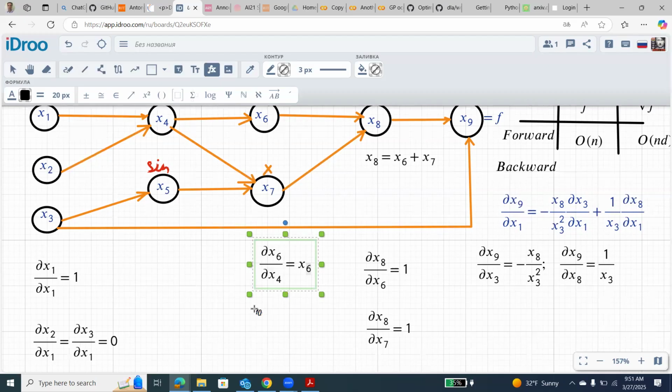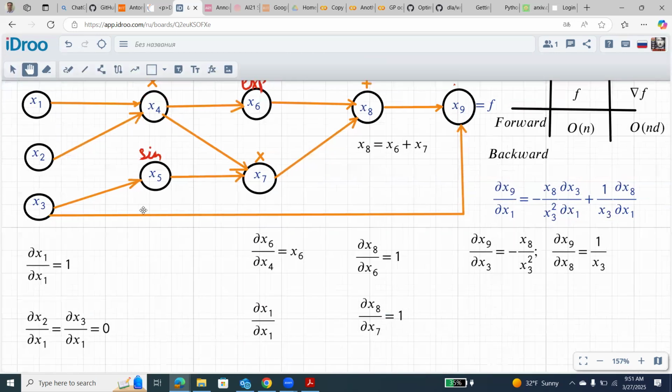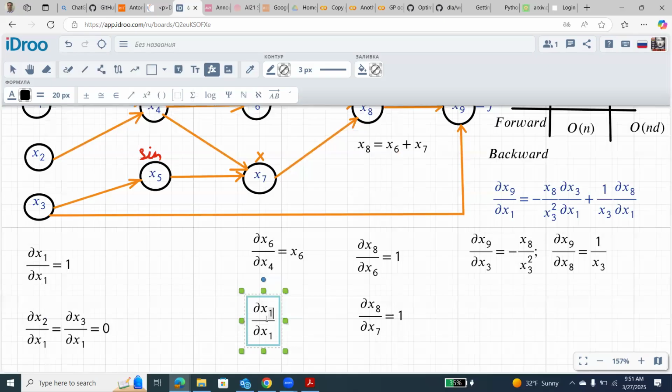X7 has two inputs, so the derivative of x7, and this is multiplication, with respect to x4. Because it's a product x4 times x5, it will be x5.